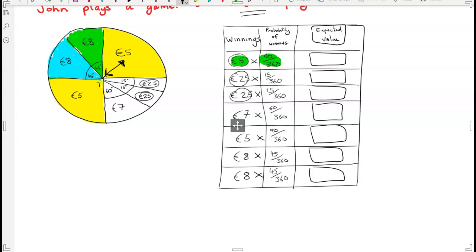And then to establish if this is a good game to play, you would add all of these amounts together. If the total is less than €20, it's not a good game to play. It has a negative expected value. It's costing you 20 and you're winning on average less than 20, so it's not a good game to play. Vice versa, if it's greater than 20, it's a good game to play.